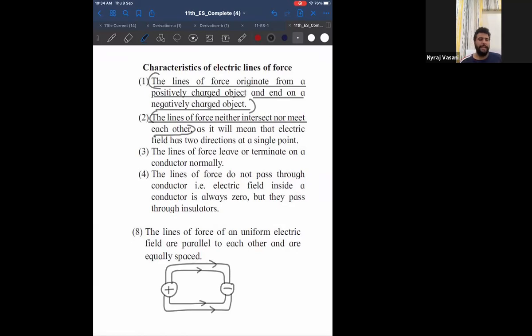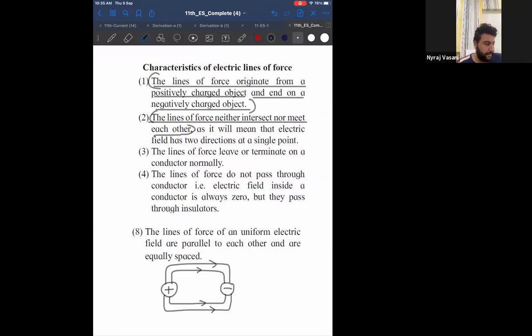Second point, the lines of force neither intersect nor meet each other. Done? Yes, sir.